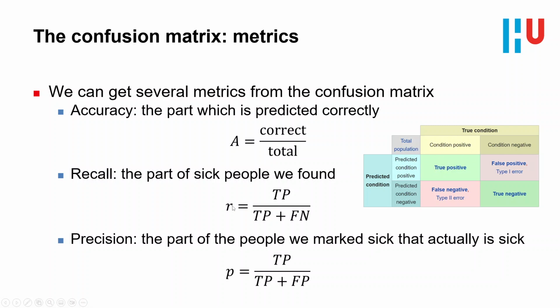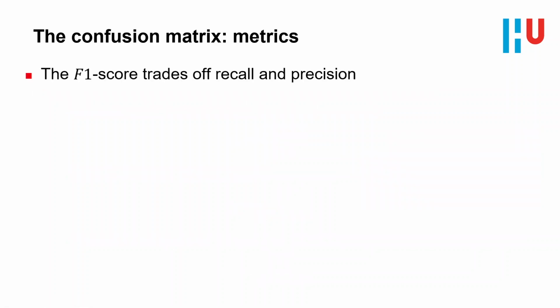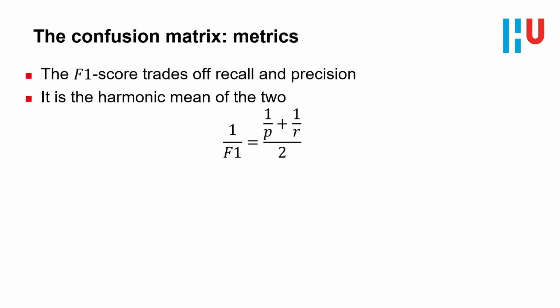So that R and the P is really important. Basically you want to have both at a certain value, and what a lot of times is used also is the F1 score. It trades off recall and precision. I'll show you a little bit later on. It's the harmonic mean of the two. Well, this formula I'm going to show a little bit more. This is the formula.